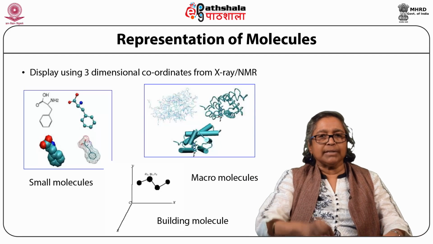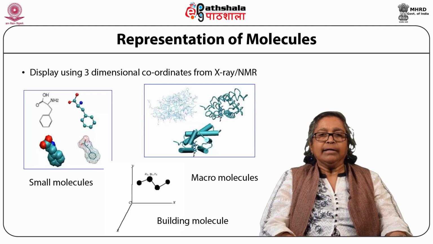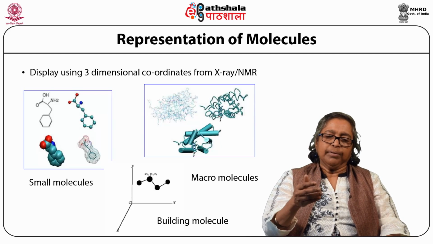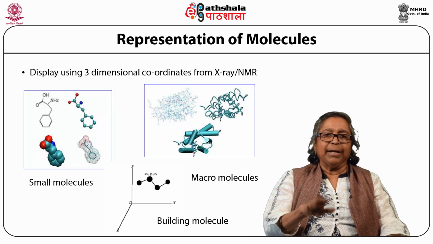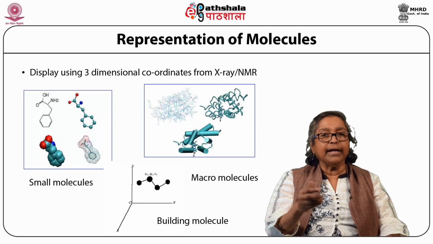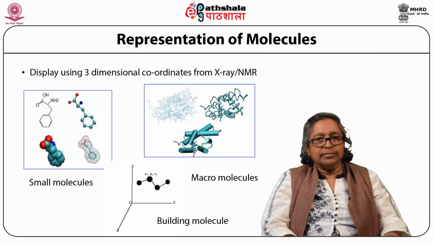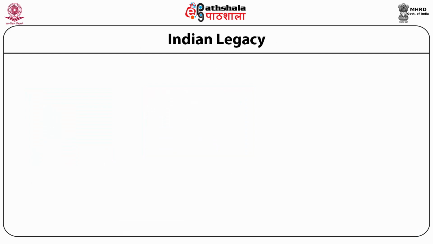This concept was described in the next slide, which was done by Linus Pauling very early, and later the whole map was developed by J.N. Ramachandran. I would like to show you the Indian legacy in the field of protein structure modeling.